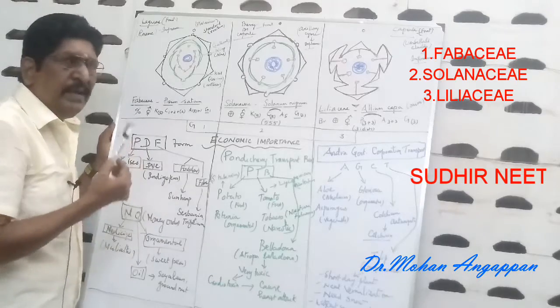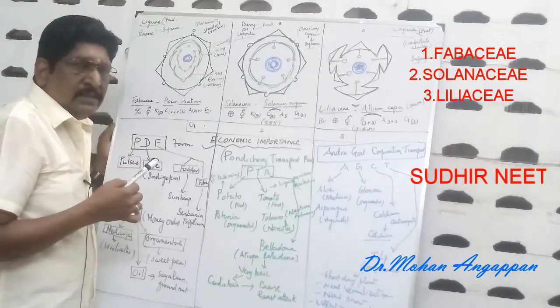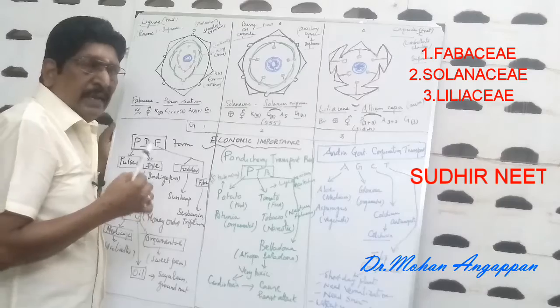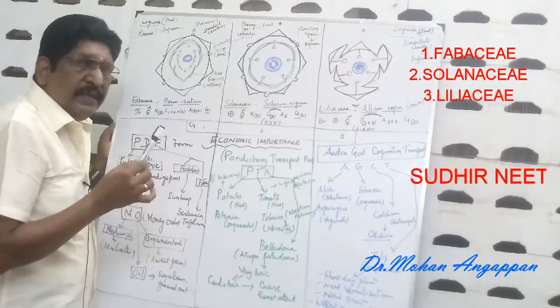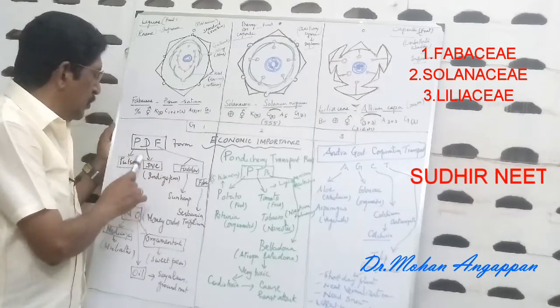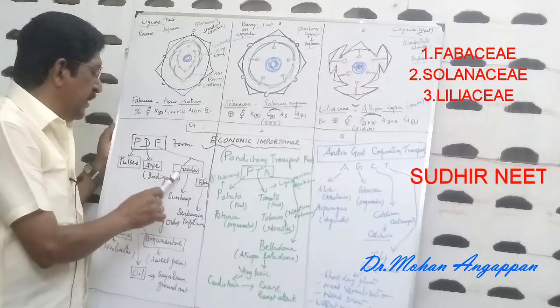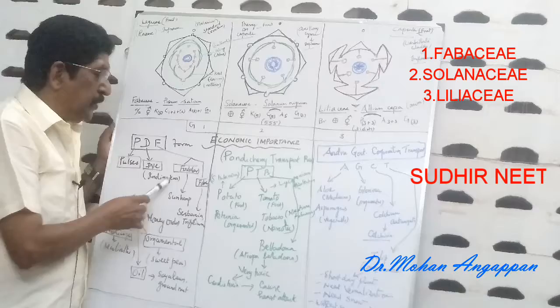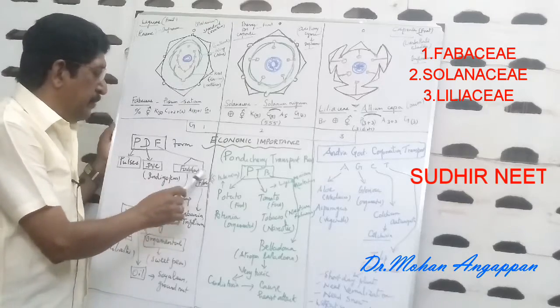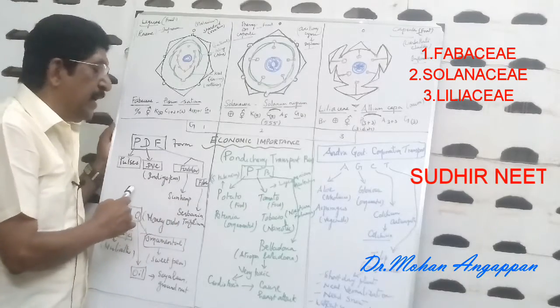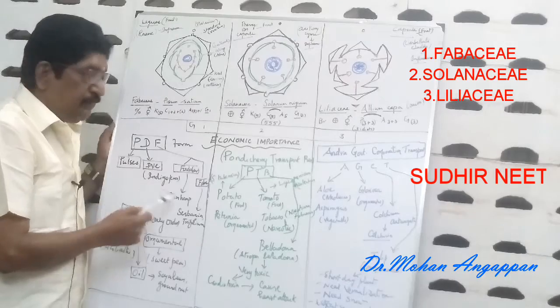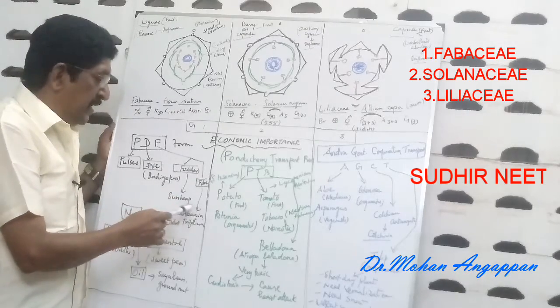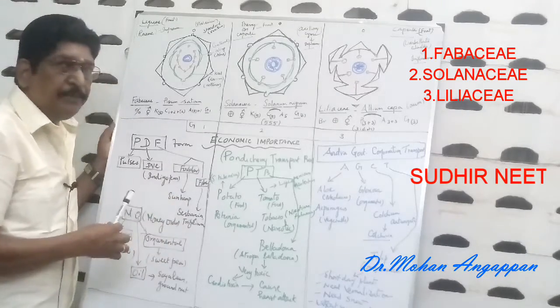Pulses you can give so many examples. All the pulses, Bengal gram, everything, all pulses belong to this family. And then dye, a blue dye from the plant Indigofera is taken, and then fodder and fiber. Fodder is from sun hemp, the cattle food, and then the fiber is taken from Sesbania trifolium.